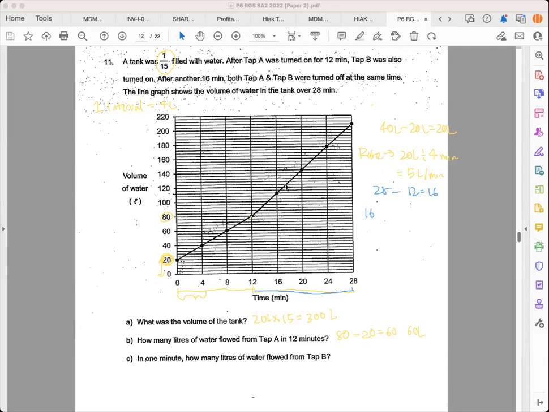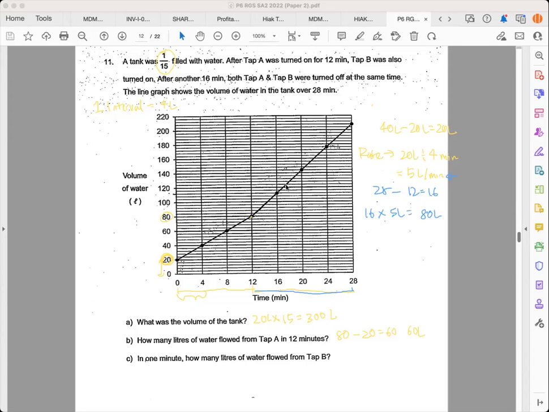It will be 16 multiplied by the rate, 5 liters, which is 80 liters. All right. So between 12 to 28 minutes, 80 liters of water flowed from tap A.